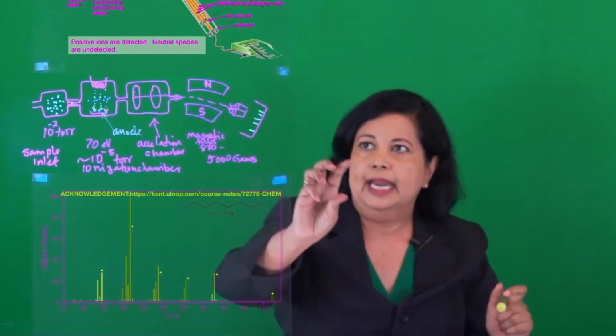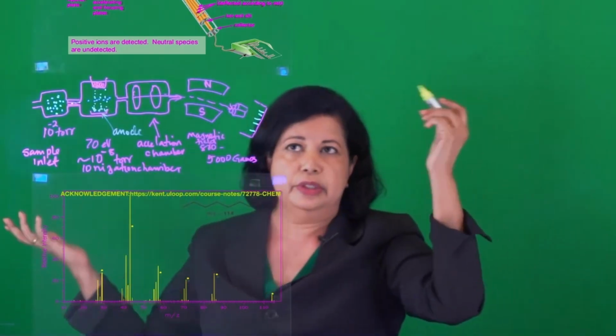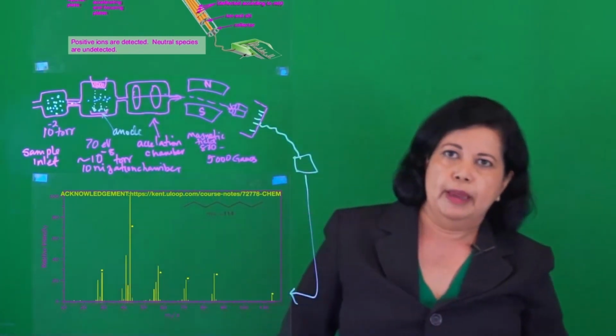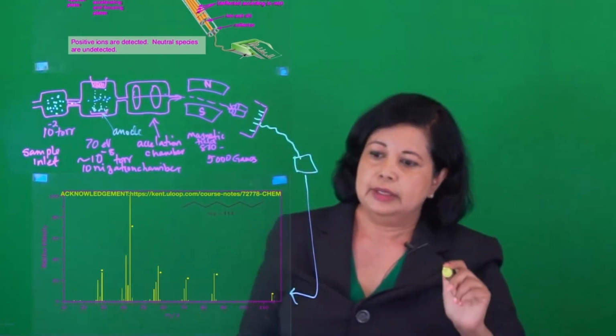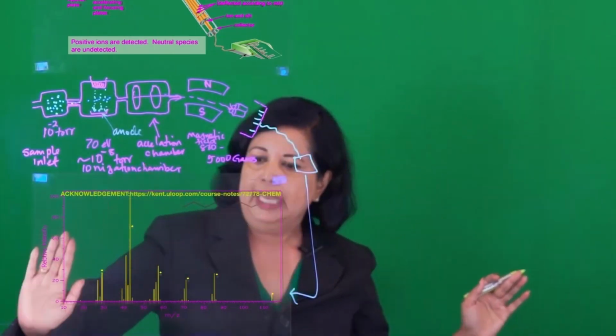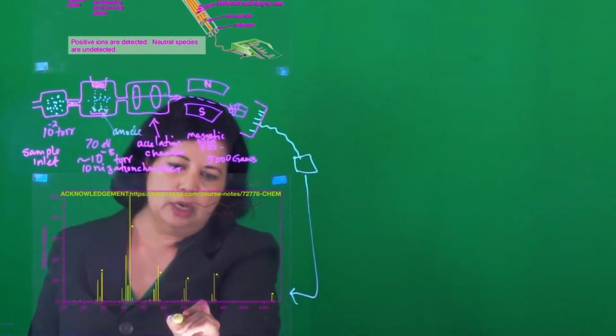And you have an electron amplifier in the detector, and that is going to send all that to a machine, and that's going to print out a mass spec graph just like this. So if you take any mass spec graph, the x-axis is mass over charge.